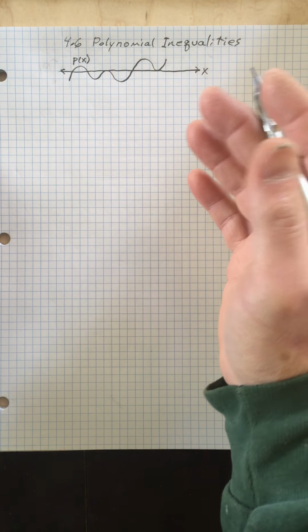So even if I didn't know what the curve was doing here, if I know one value anywhere here, then I've got the whole thing.